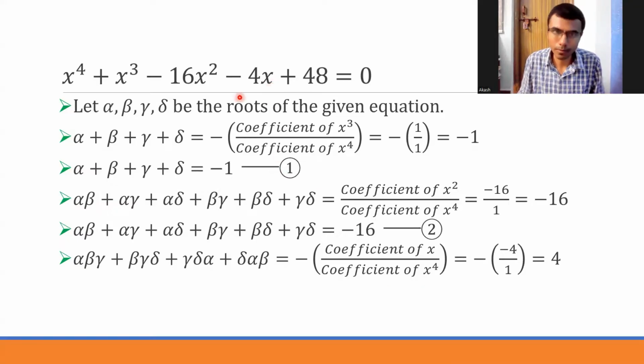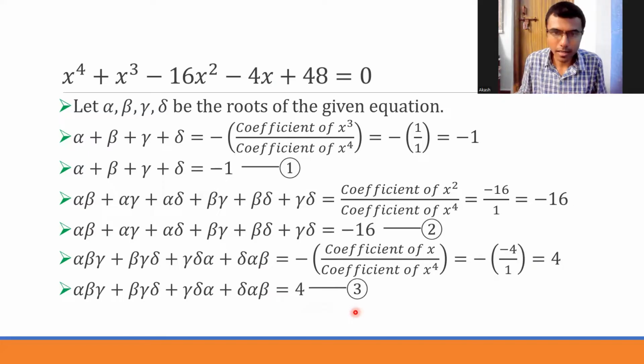What is beside x? It's minus 4. So minus of minus 4 divided by 1, minus into minus is plus, so I have plus 4 here. Let's mark this as 3.